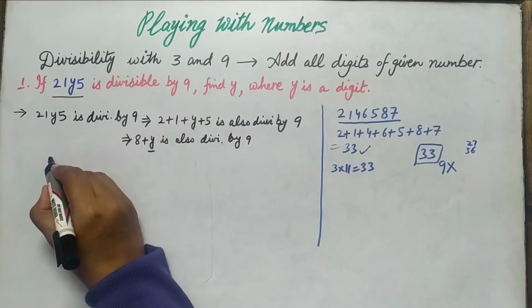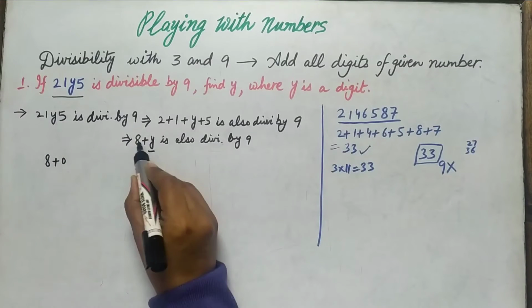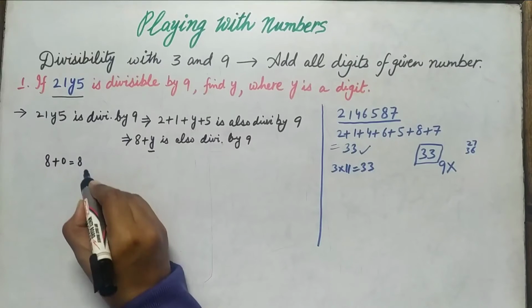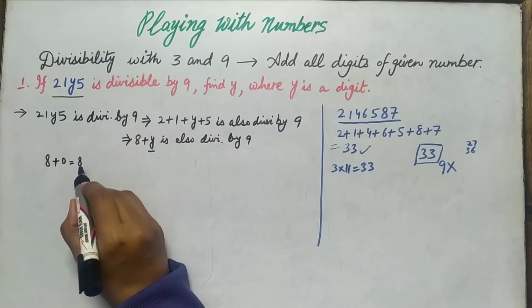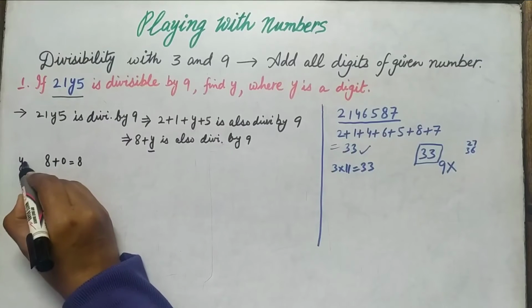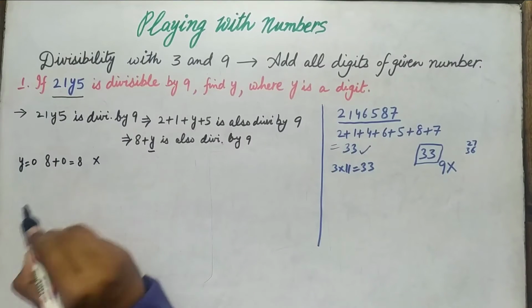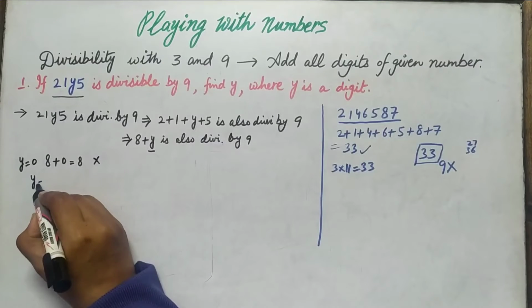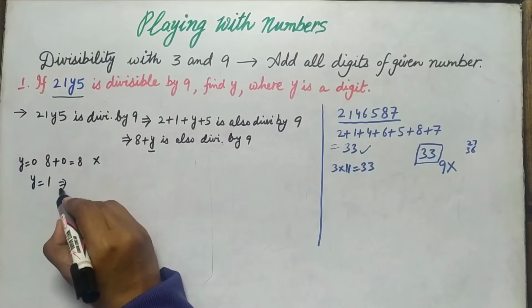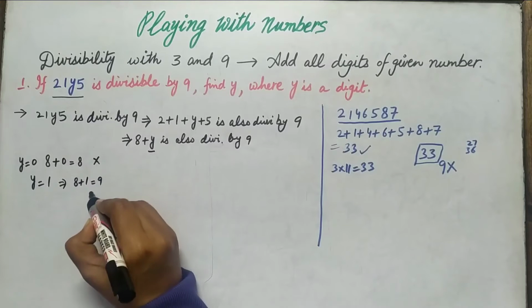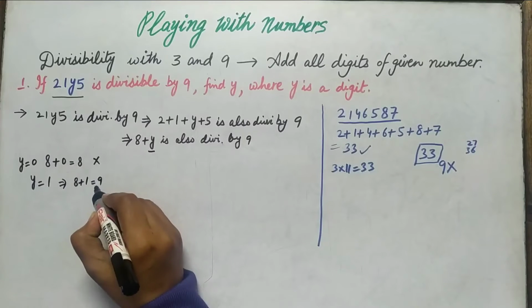Then suppose we put y as 0. The sum is 8. Is 8 there in the table of 9? No. So y equal to 0 is rejected. Next we put y equal to 1, and the sum becomes 8 plus 1 is 9, and it is in the table of 9.